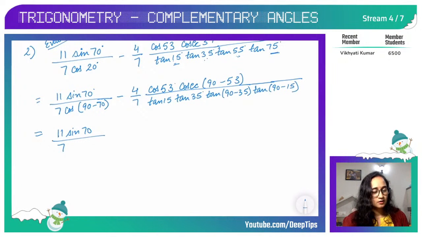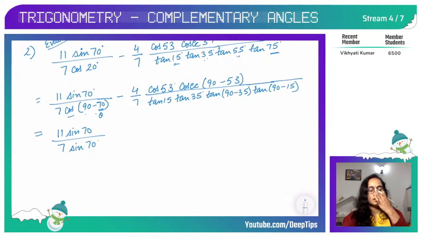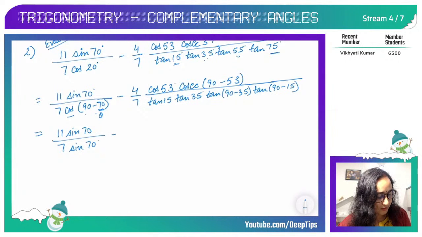Now see here, cos 90 minus theta can be written as sine theta. So I will write it as sine 70, because this is my theta here. My theta is 70. So cos 90 minus theta can be written as sine theta. That's why I have written here sine 70. Now next one, 4 by 7 as it is.